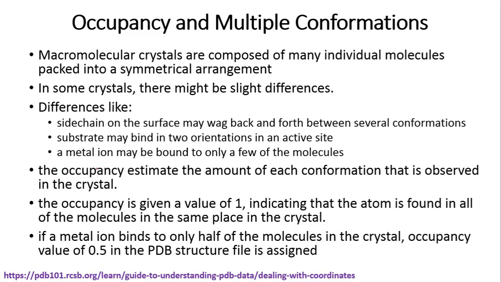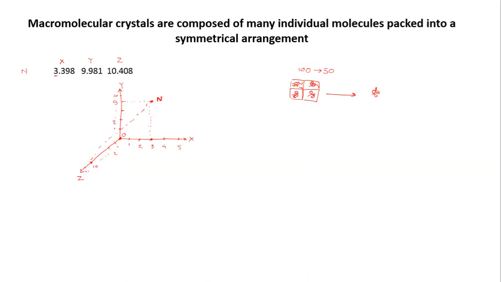So the term occupancy is a kind of estimate of the amount of each conformation that is observed in the crystal. If the occupancy is given a value of 1, that indicates that the atom is found in the same place in all of the molecules in the crystal. So if the same set of atoms is present at the same location in all of the protein molecules in your crystal, then the occupancy is given the value of 1.